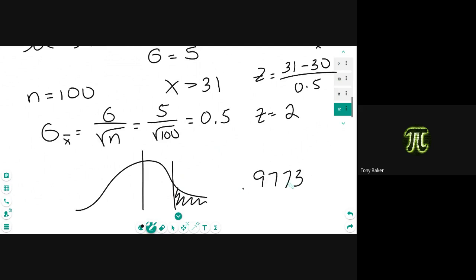Is it? Oh, you have 2? Okay. I got a different table up here and I grabbed the one that was sitting over here, and apparently it rounds differently. That's fine. So 0.9772. Is that the answer? Why? Yes, so we got to do 1 minus that.